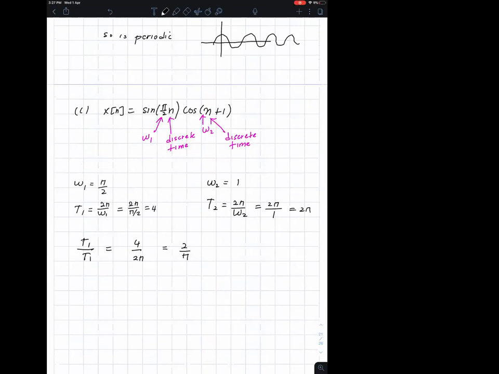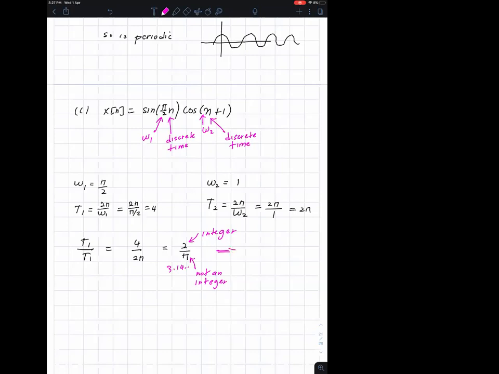Is this a rational number? The numerator is an integer, but pi is not an integer. Usually pi is like 3.1 something, so it's not rational.